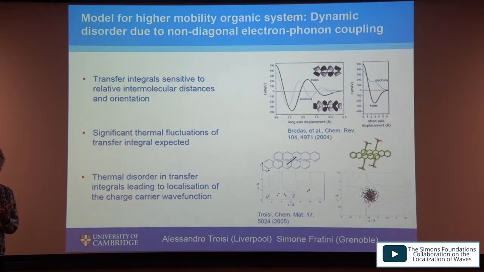It turns out that the overlap of the pi electron wave functions from one molecule to another is extremely sensitive to orientation and separation, and that the disorder produced by just vibrational motion is almost certainly the disorder that controls transport.